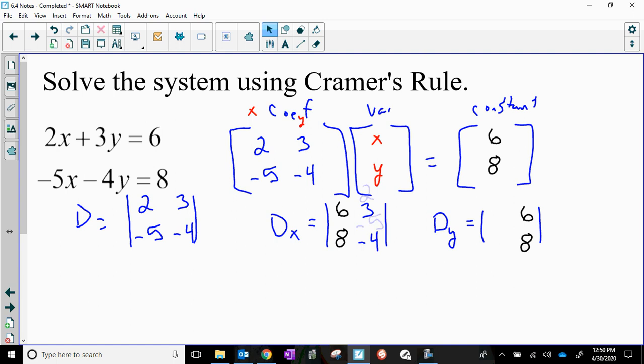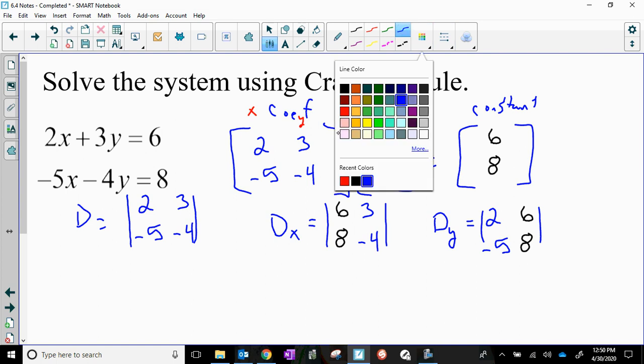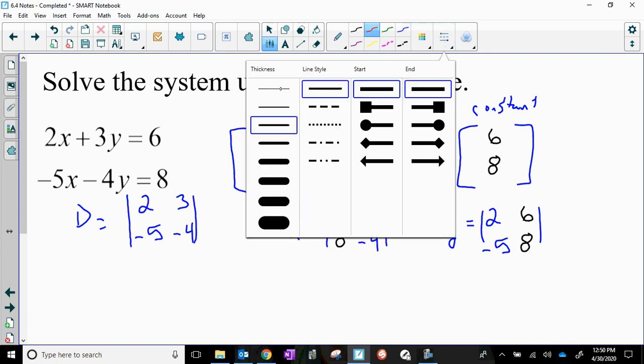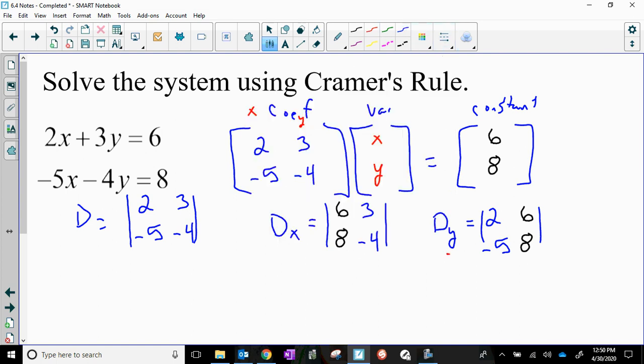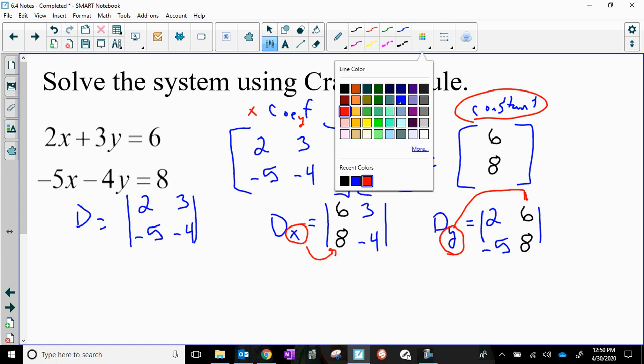So when you're finding your dx, dy, dz, dw, whatever you have, the variable that you see right here, that's the column you replace with the constants. When I see the dx, I replace the x column.